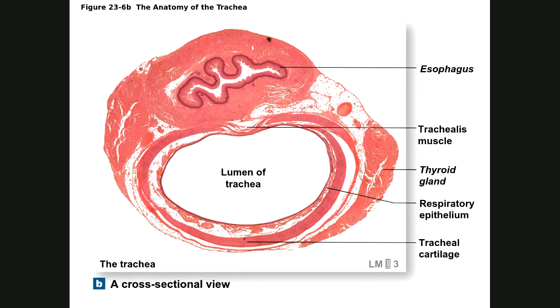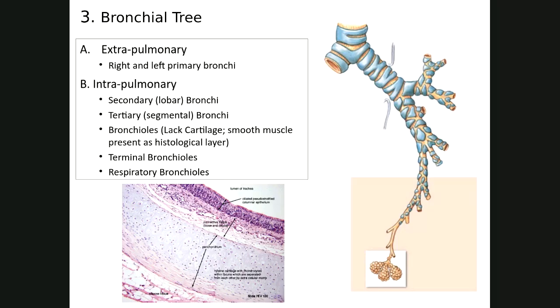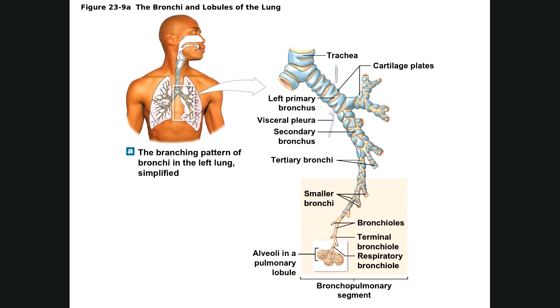The bronchial tree is what I was mentioning in terms of all the different branching that happens. This next image, you want to identify all these different structures, and it really shows that well.